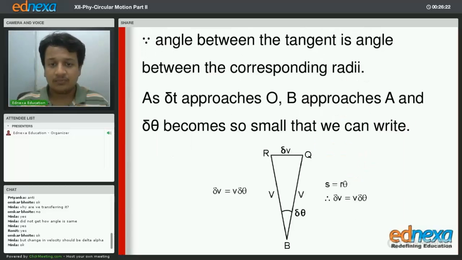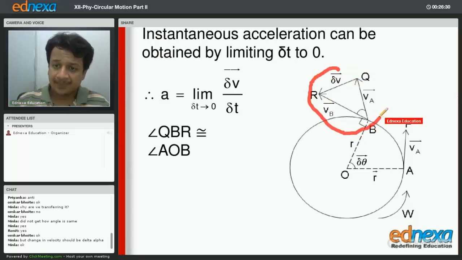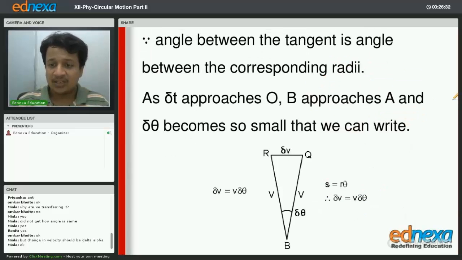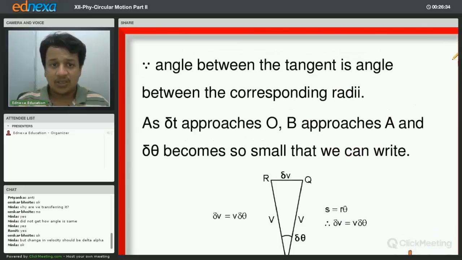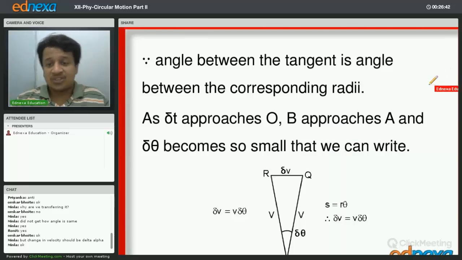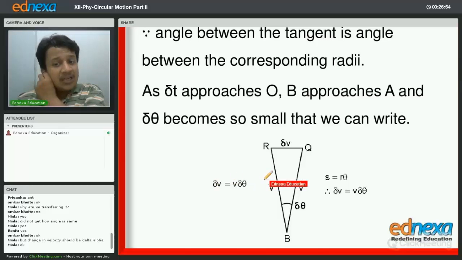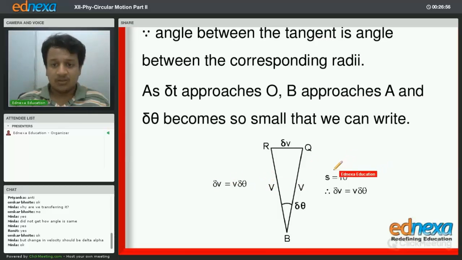Let's proceed further. Now I am going to concentrate only on this triangle, that is QBR. The angle between the tangents is the angle between the corresponding radii. As delta t approaches 0, B approaches A, and delta t becomes so small that we can write delta V. Now we use angle equal to arc upon radius, no?